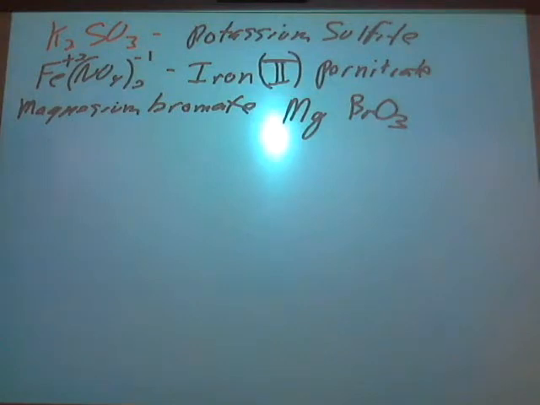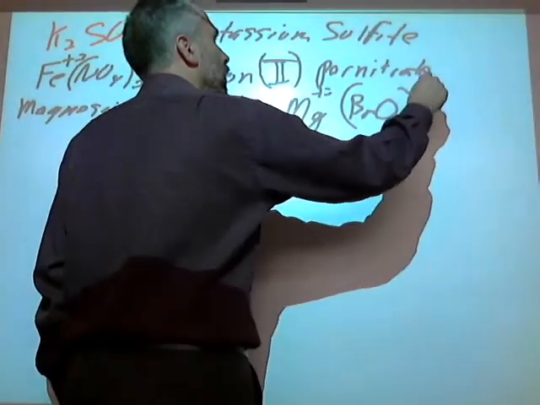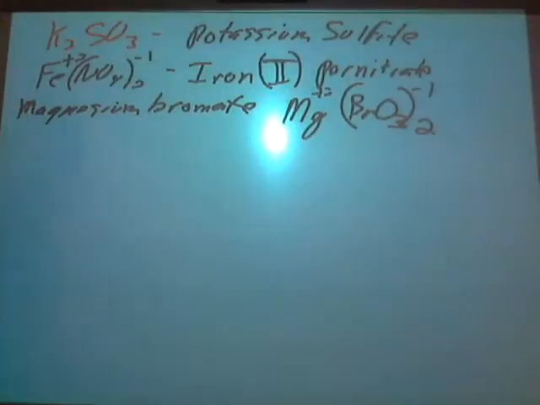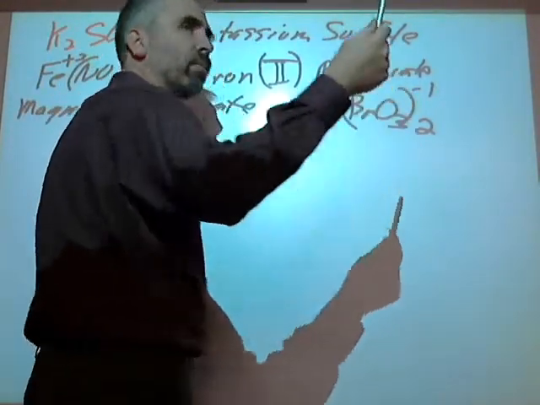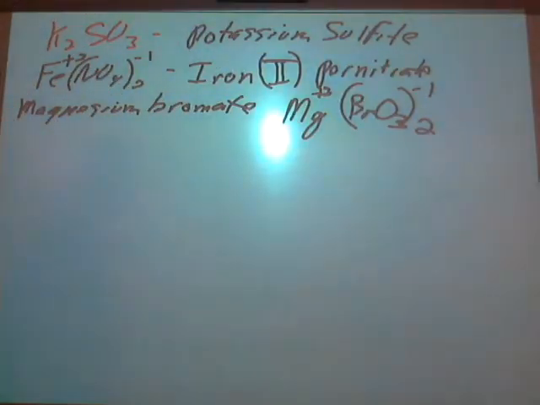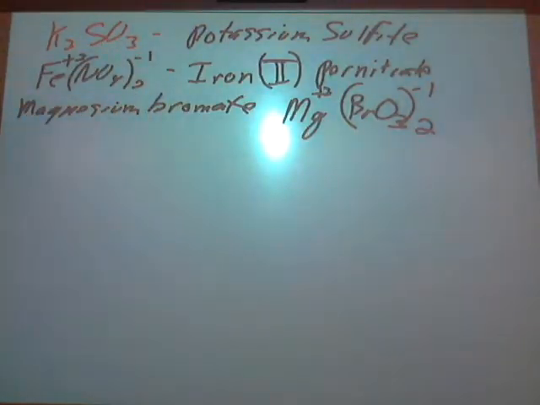Bet you all have Mg for magnesium and BrO3 for bromate, right? Because it's the one on the sheet. But what do you also have to write? The charges. So I need 2 of those to balance them out. You see why? Because he's got a +2 for magnesium, and you know that because he's in group 2. And the bromate is -1, because you see it on the sheet at -1. So I'll need 2 times -1. I'll need to balance those out. Number of electrons lost has to equal the number of electrons gained. All right? Try this one.